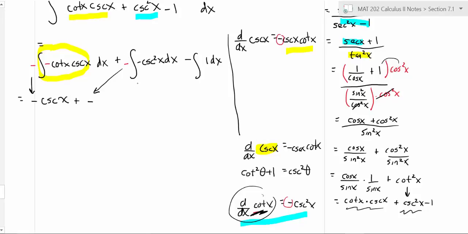So I meant to put a negative there. So that's minus cotangent x, and then the integral of 1, of a constant, is just x plus c. So the final answer of this problem is negative cosecant x minus cotangent x minus x plus c.